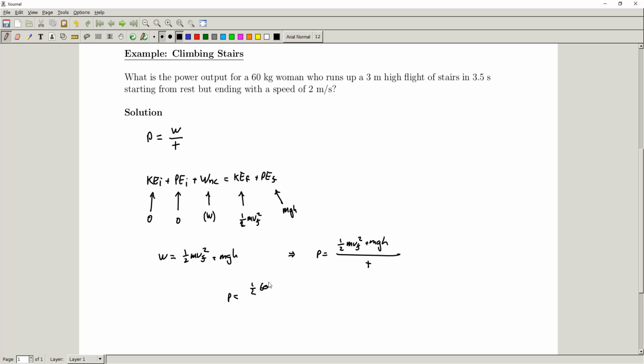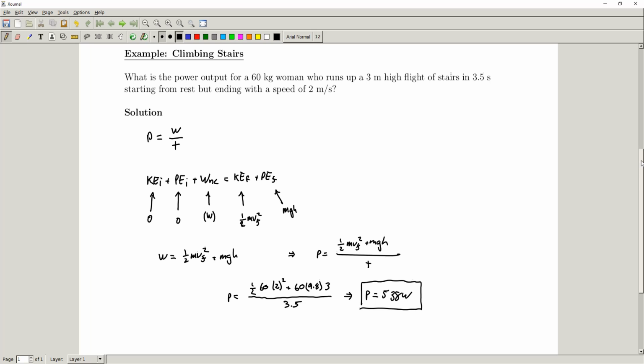The final velocity is 2 meters per second, but that's squared, so 2 squared, plus mgh, where h is 3 meters. And over the time that she did this, which was 3.5 seconds. Okay, and if we plug that into our calculators, we're going to find that her power output was 538 watts.